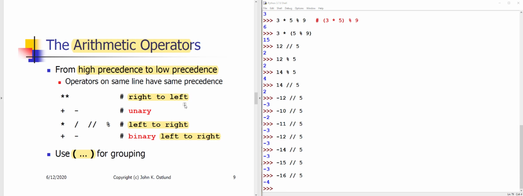This relationship among these operators should be as automatic for you as multiplying single-digit numbers together. If I were to ask you, what is 5 times 7, I hope you would just say 35. I hope you would not have to do some kind of computation in your head or on a piece of paper to figure that out.